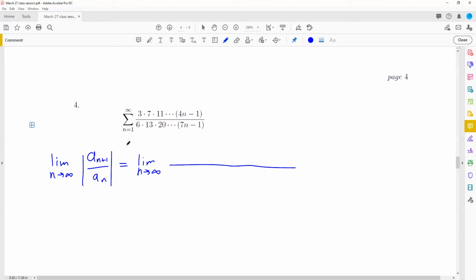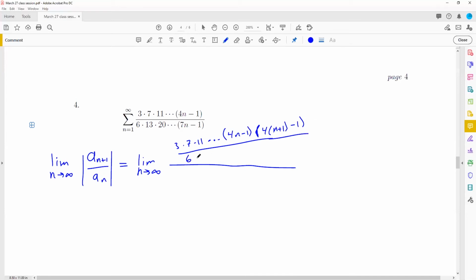So if you're having the n plus first term, then that's going to be 3 times 7 times 11, all the way up to you're going to have this for n minus 1, but then you're also going to have 4 times n plus 1 minus 1.